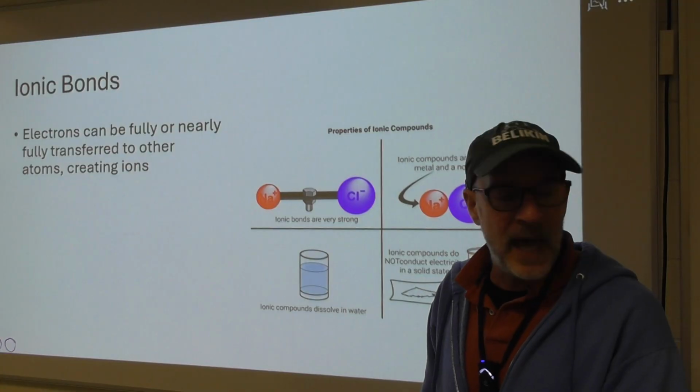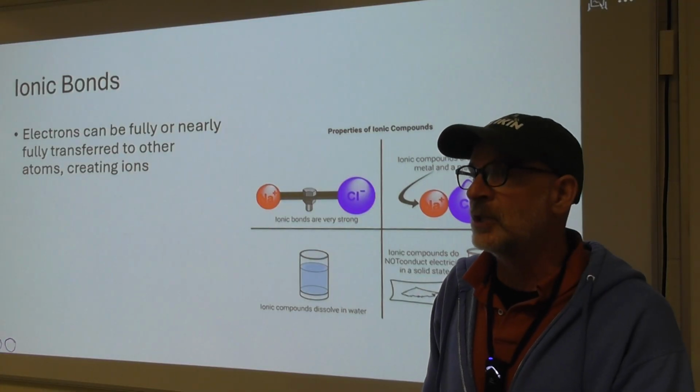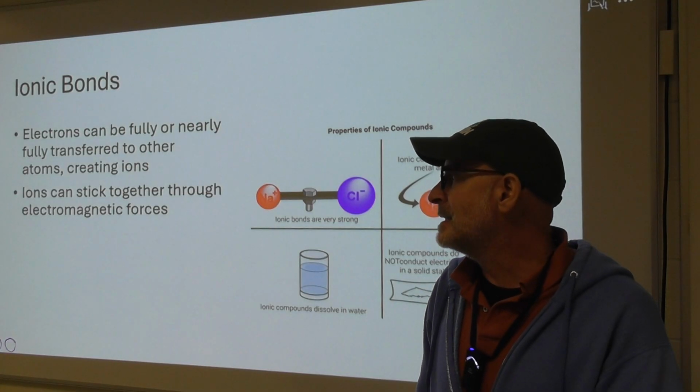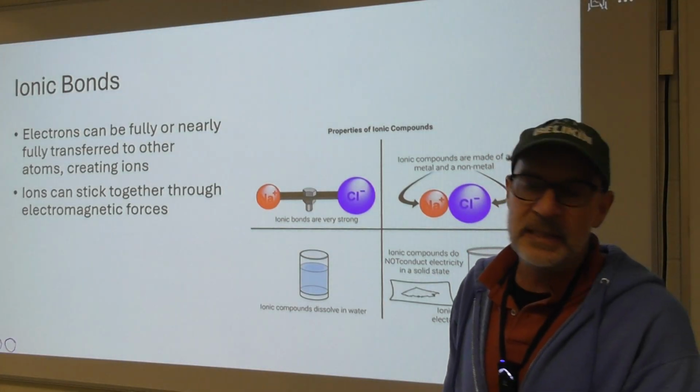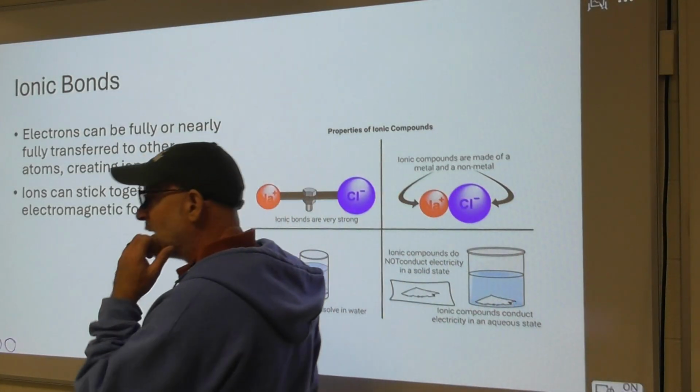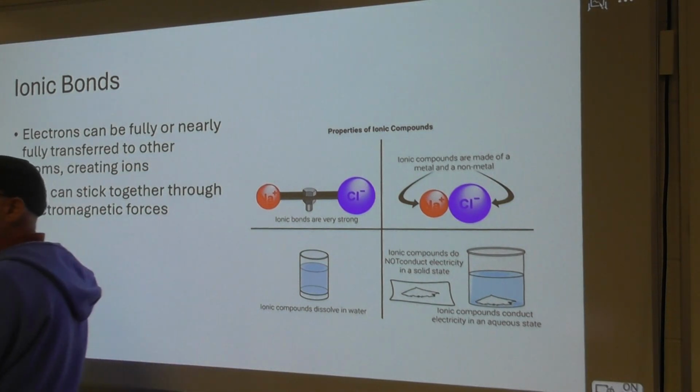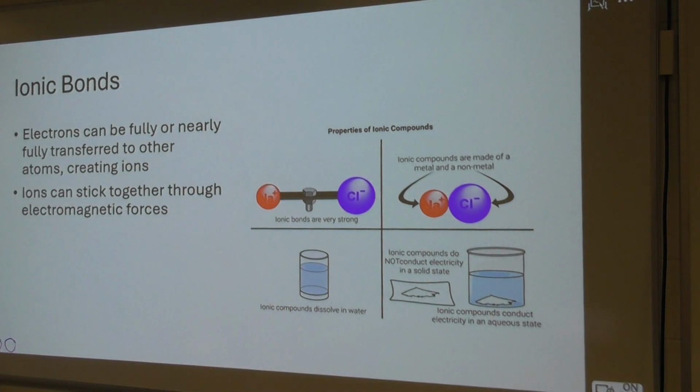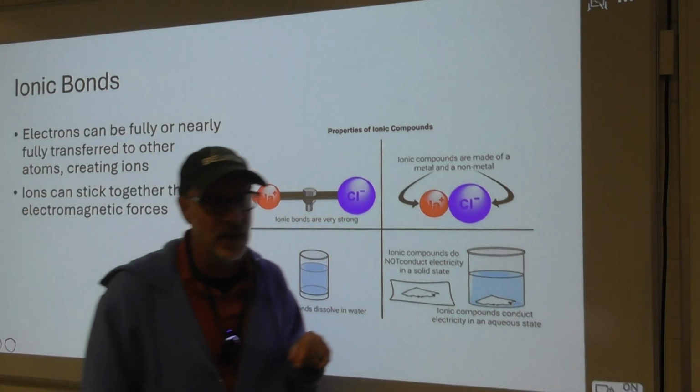And because of that electric charge, ions can stick together. And they stick together the same way that magnets do. It's not the same force, but it's an aspect of the same force. The electromagnetic force is one phenomenon, and ions are just one branch of that phenomenon, the electric part of electromagnetic.